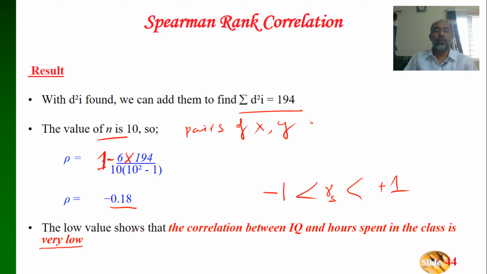The low value shows that the correlation between IQ and hours spent in the class is very low. And that too it is negative, meaning if you spend more hours your IQ is going down, right? So this is the interpretation we have to do.